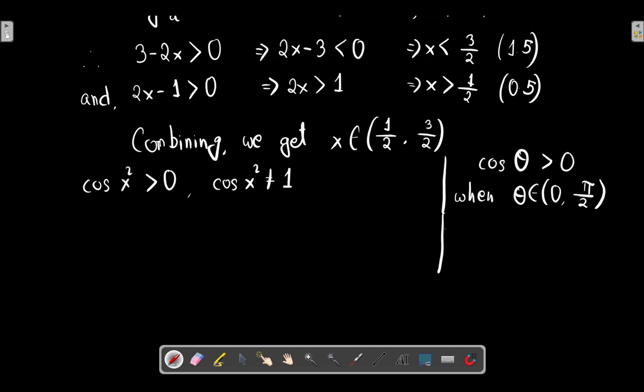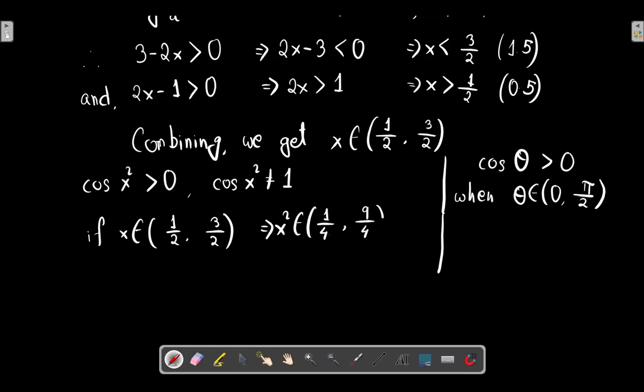So in our case, if x belongs to half to 3 upon 2, this implies x square will lie between, if we square this we get 1 upon 4, and if we square this we get 9 upon 4.